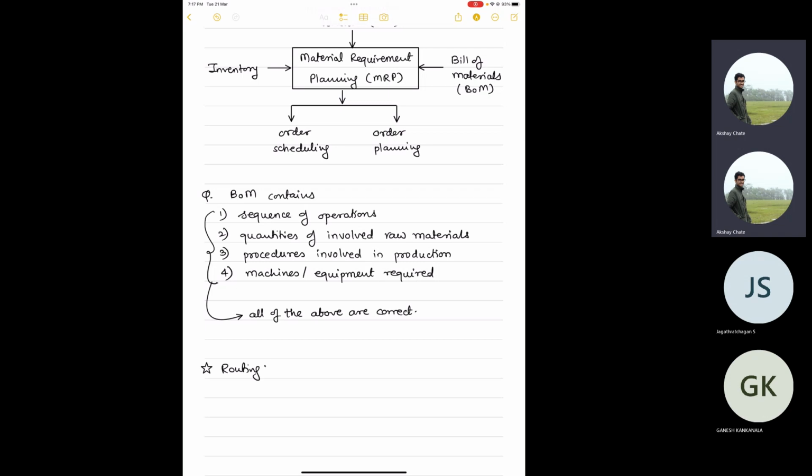This was discussed by the professor, so I'm not going into details of it, but there are some questions which are frequently asked from this. One of the important questions is regarding this, I think, route sheet. I saw it somewhere.